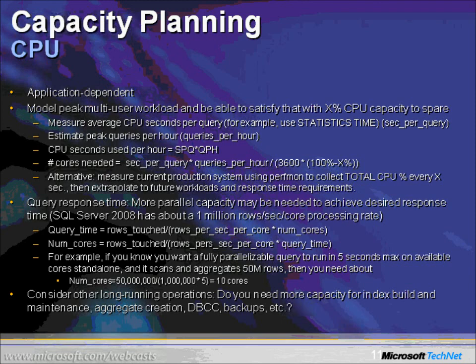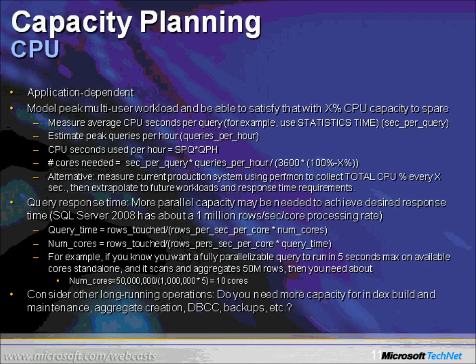CPU capacity planning is a little bit more complex. It is application dependent, but there are a few techniques you can use, and basically it's based on a little common sense and high school algebra. You can model your peak multi-user workload and satisfy that workload with a certain percentage of the CPU time to spare.